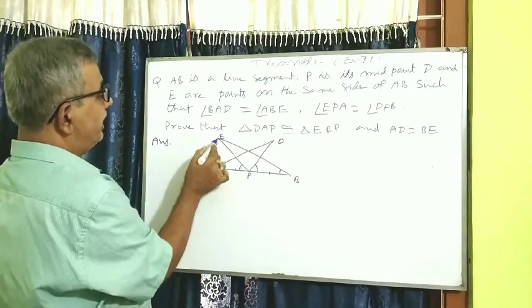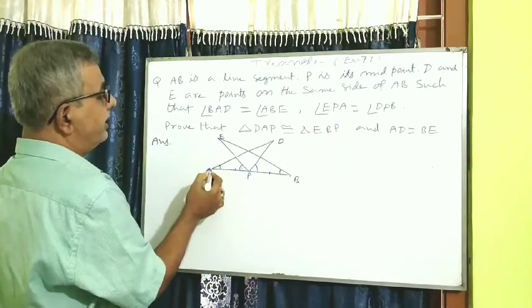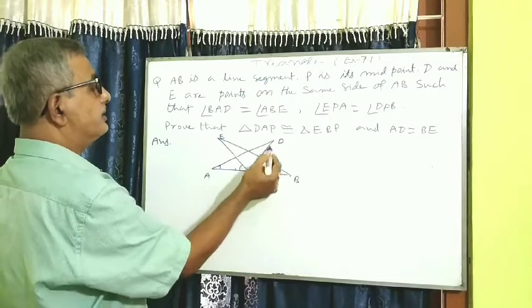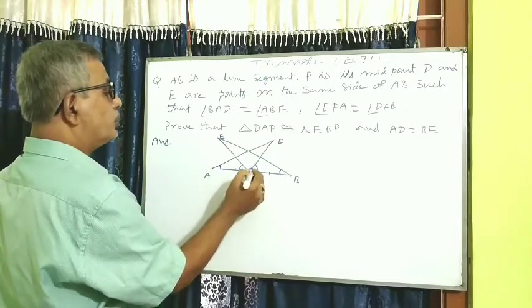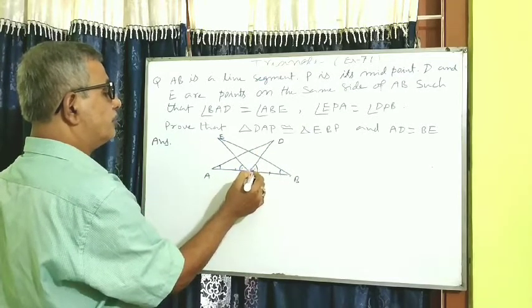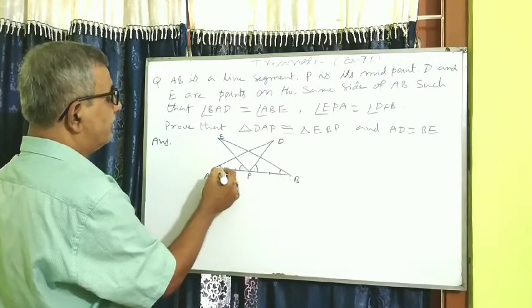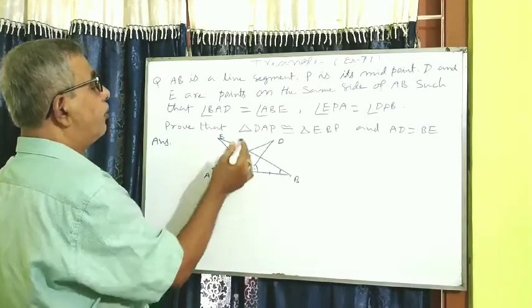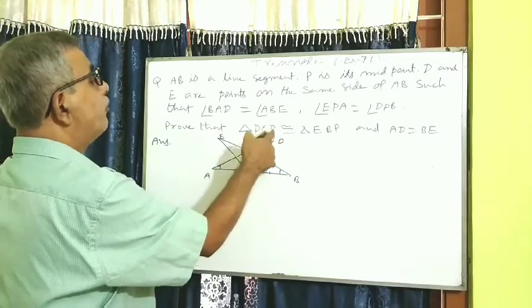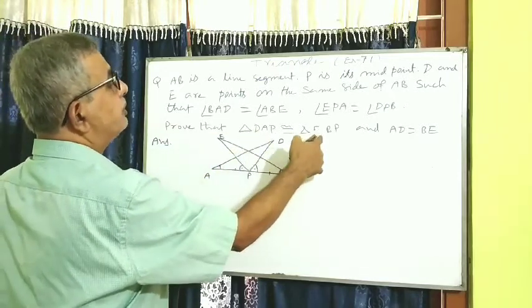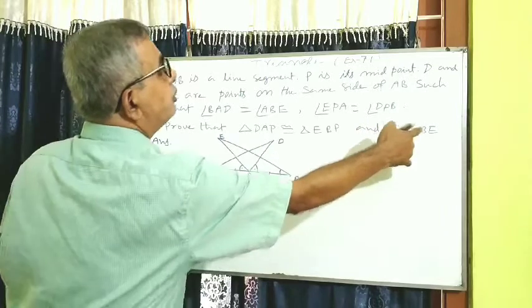EPA, where is EPA? Where is DPA? I hope you understood. This angle is equal to this angle. This angle is equal to this angle. Now what is to do? To prove triangle DAP is congruent to EBP and AD is equal to BE.